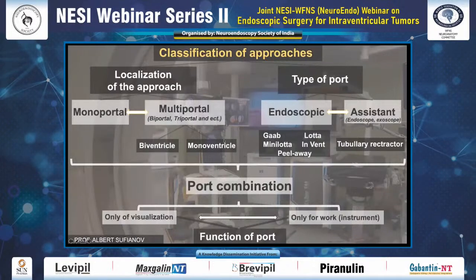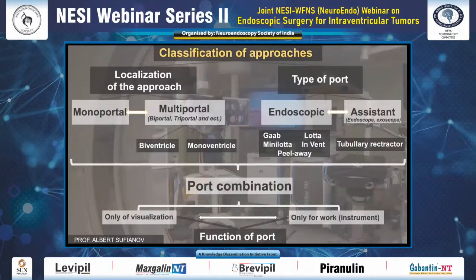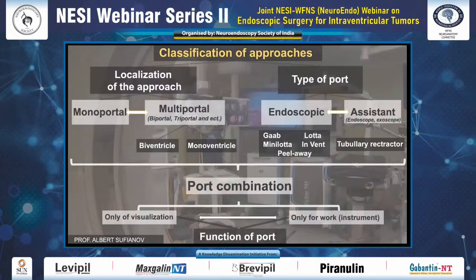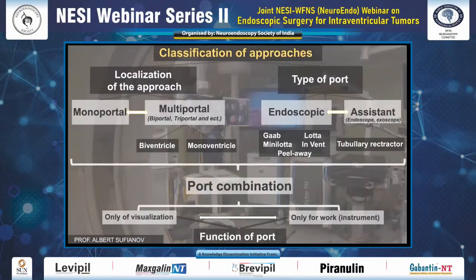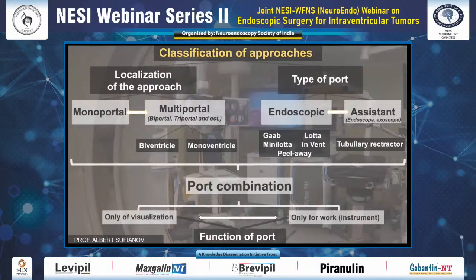So it opens very wide possibilities for the safety and totally removal of tumor by endoscopic approach.